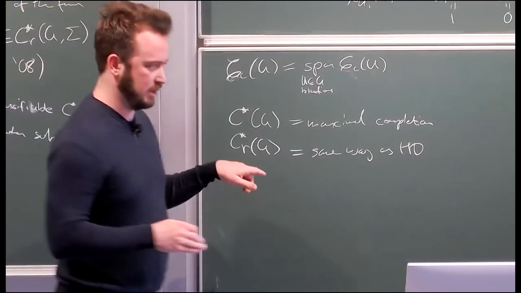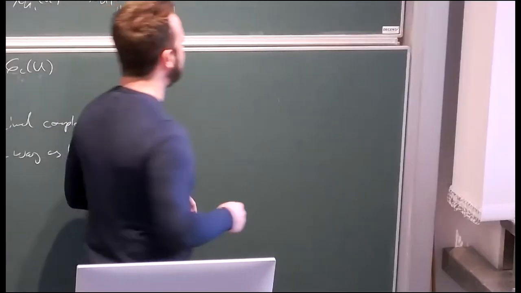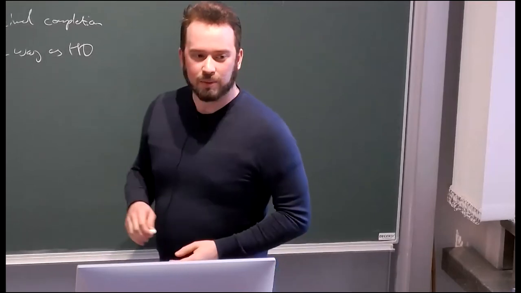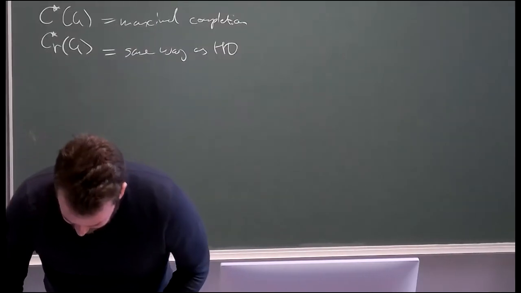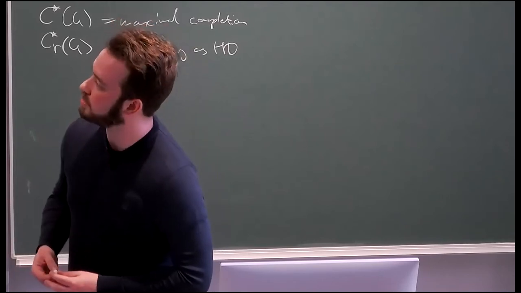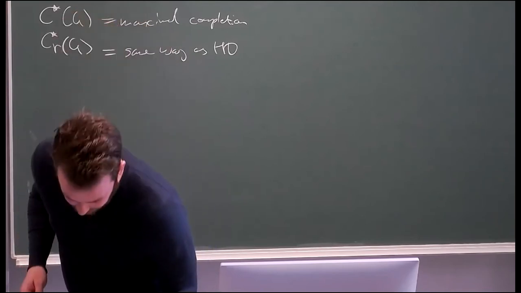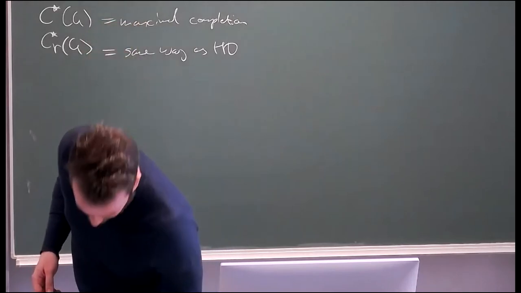But before I do that, I need a big old diagram that hopefully explains how we build another C star algebra. If you looked closely at the title of the talk, there's the big phrase at the front that says essential groupoid C star algebras, and I haven't mentioned those yet, so I should.